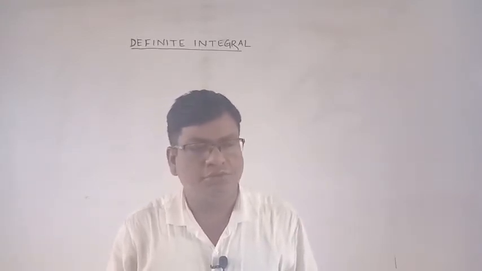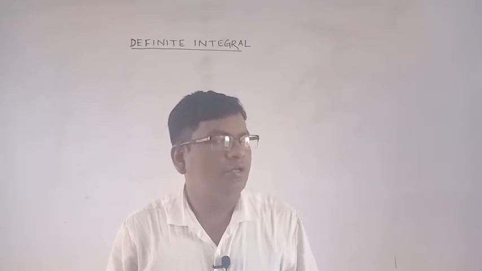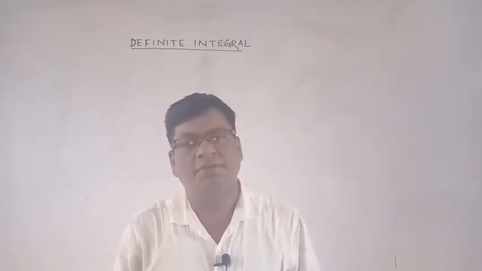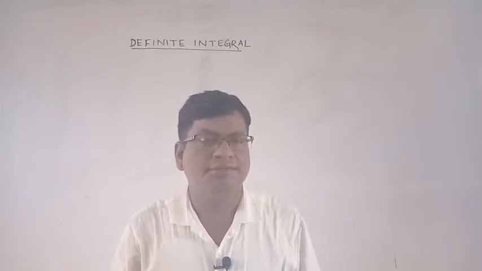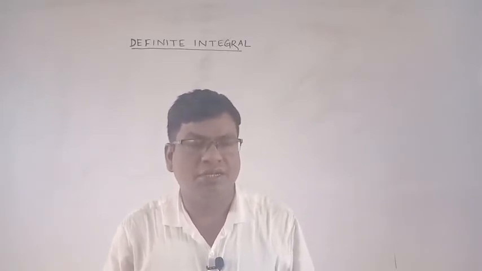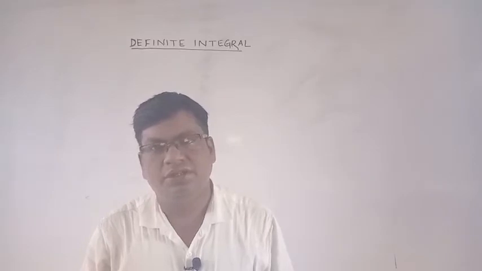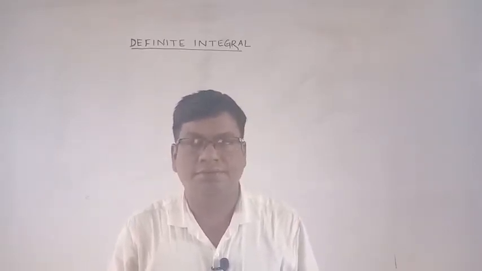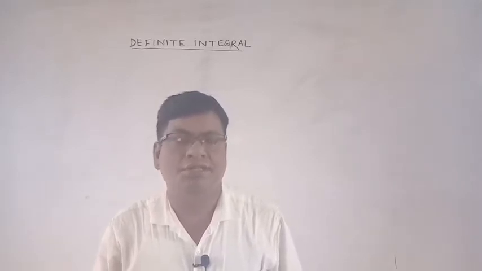Today we are going to discuss some more problems related to elementary property 3, and after that other properties and their applications. Now let's start some more problems of elementary property 3.